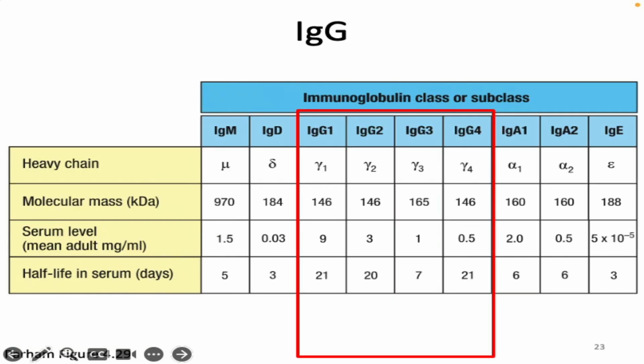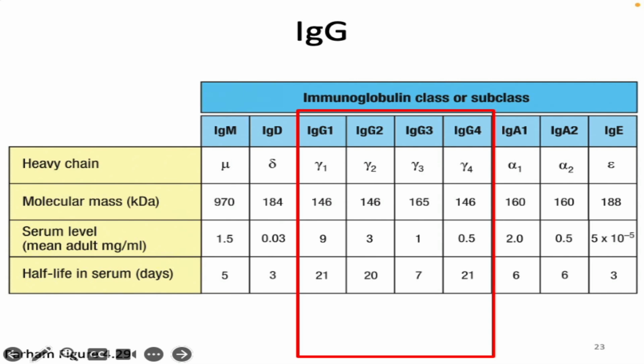And then our final isotype is IgG. So I need to tell you a few things about IgG. You can notice there are, in truth, multiple subtypes of IgG, though I'm not going to focus on distinguishing between the different types a ton.